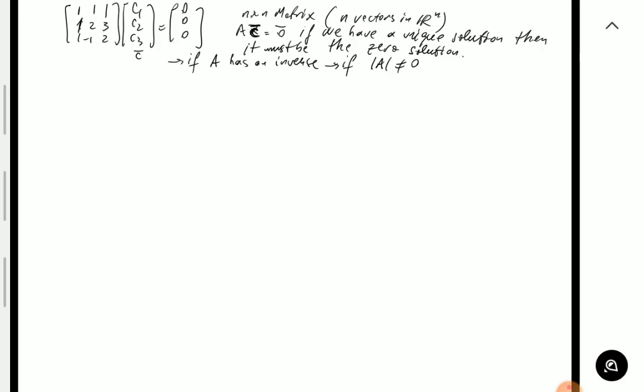Because in that case, the column of the coefficients C1, C2, C3 can be written as that inverse of the matrix times 0, which is 0. So just for n by n matrices, or in other words, n vectors in Rn, to check for linear independence boils down to checking if the determinant is not equal to 0.